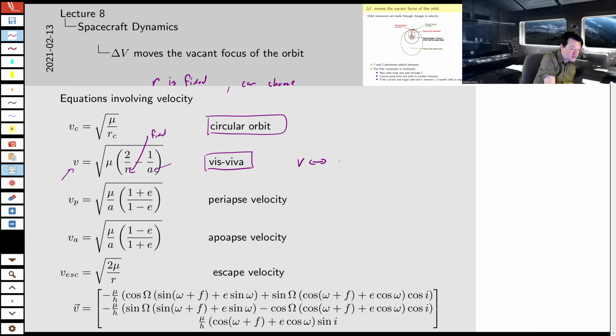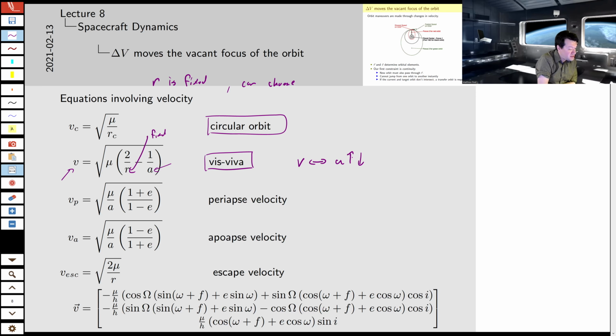So we can convert back between magnitude of the velocity and semi-major axis directly. And that's what we were discussing on the previous slide, where adding energy to the orbit increases semi-major axis, and negative delta v decreases it. So we can use vis viva to change our semi-major axis.